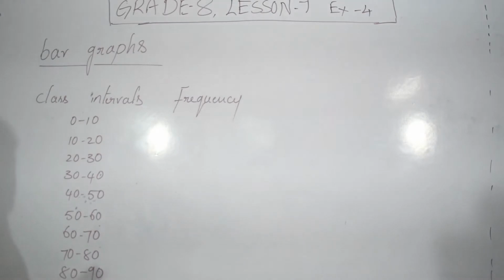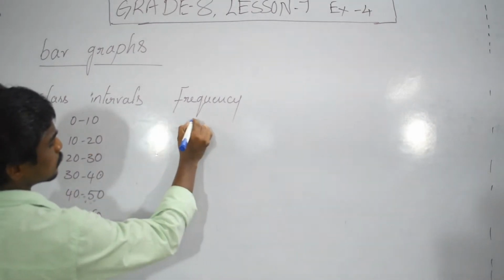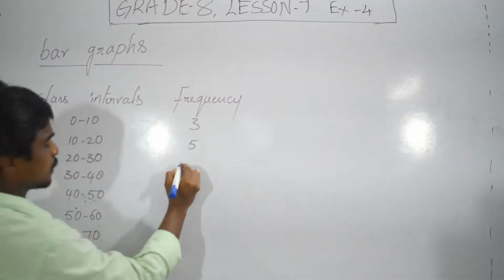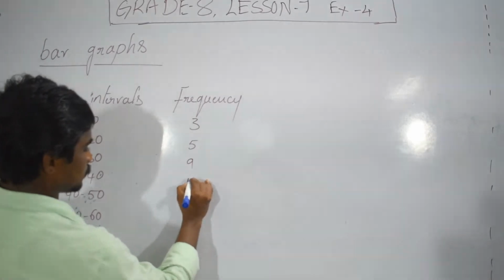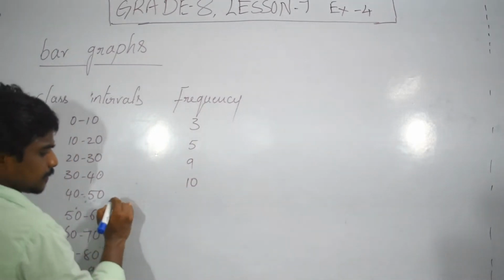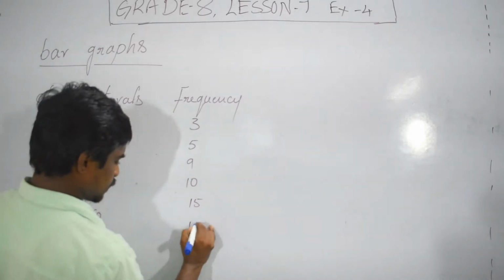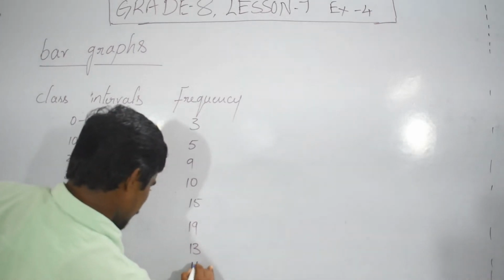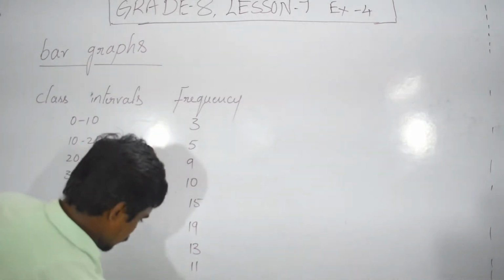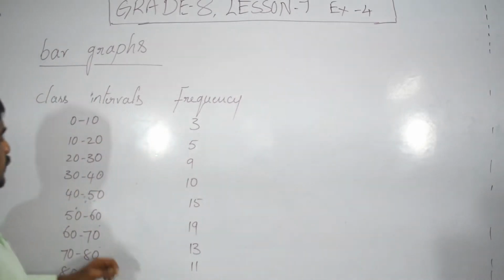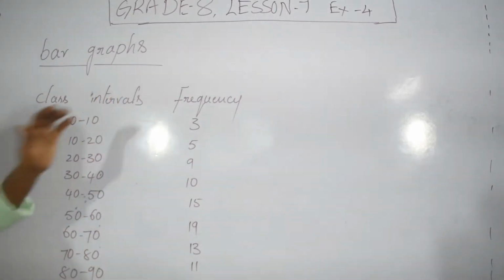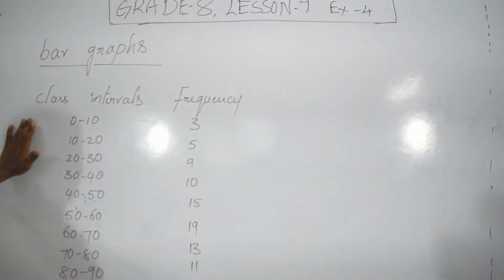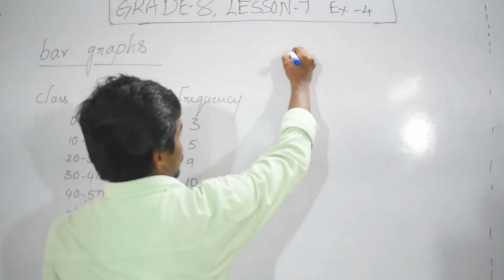And here frequencies: 3, 5, 9, 10, 15, 19, 13, 11, 9, 5. This is the given class interval and the given frequency. So how do we use graphs?